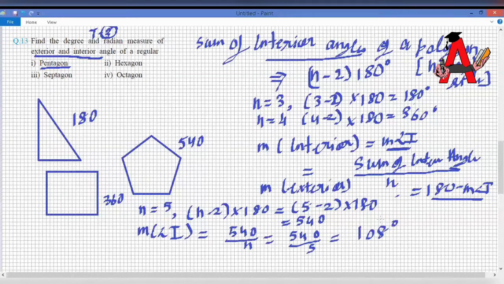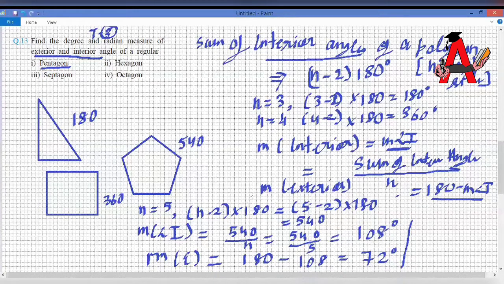That is your interior angle. Now, what is the measure of exterior angle of this pentagon? Measure of exterior angle will be 180 minus, always it will be 180 because it is a linear pair, internal plus external is 180, so 180 minus 108 is 72 degrees.